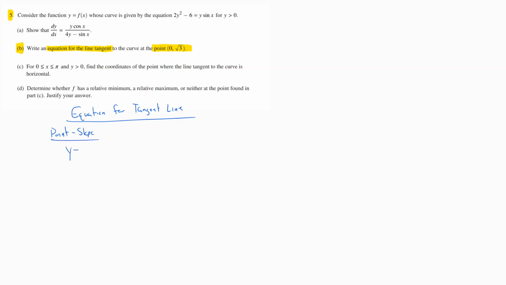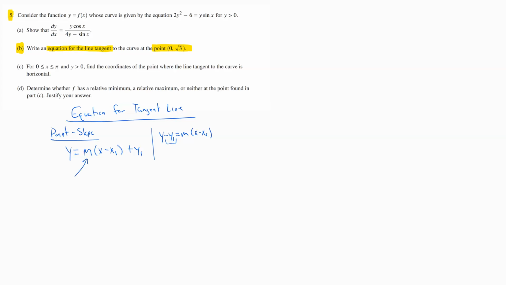I memorized the point slope form as y equals m times x minus x1 plus y1. I know some people have it as y minus y1 equals m times x minus x1, but I go ahead and just move that y1 over to the other side. If I'm going to memorize something, I might as well memorize a formula that already has one step of algebra done for me. So we'll be using the point slope form.